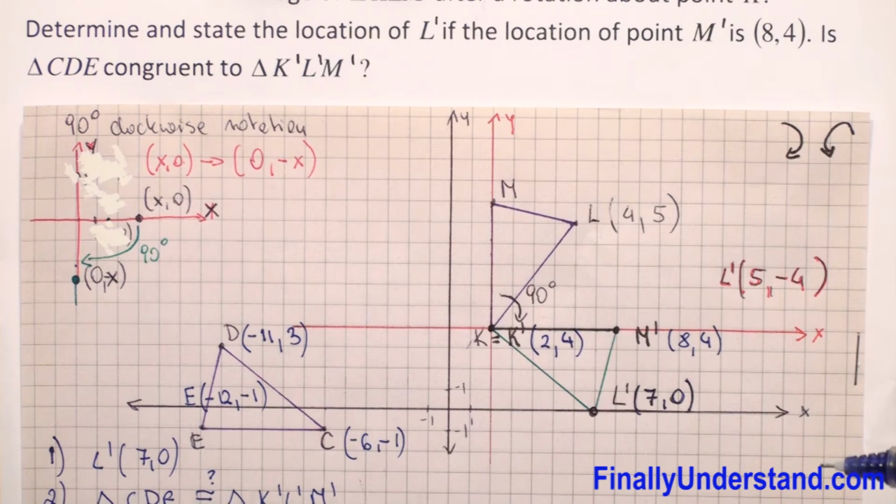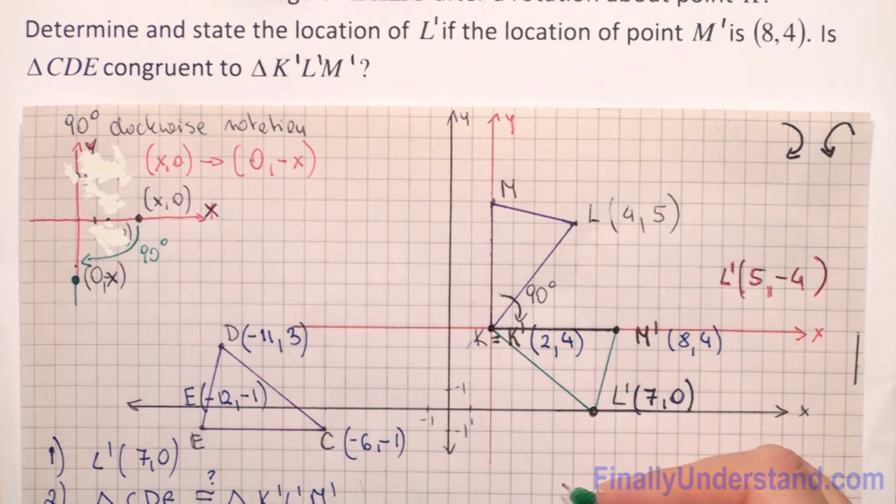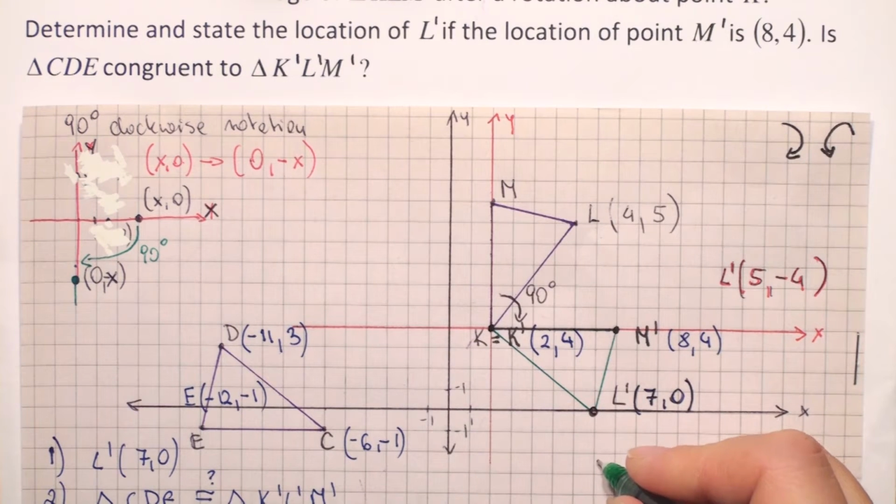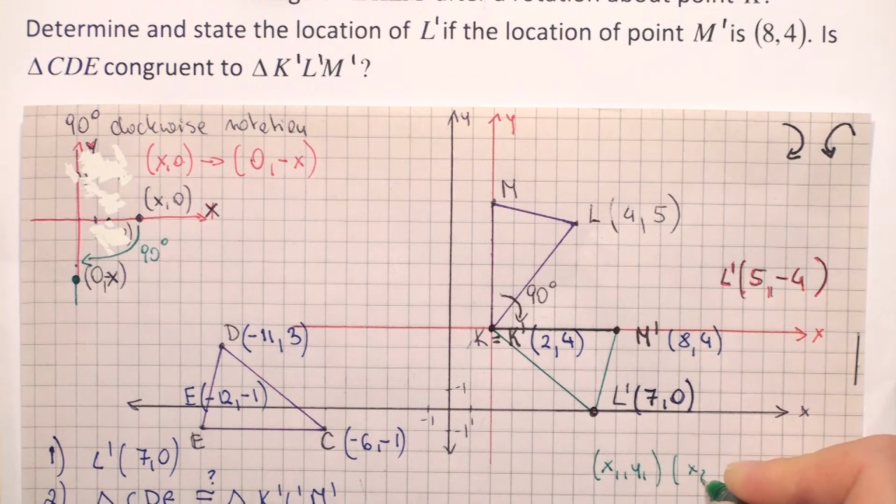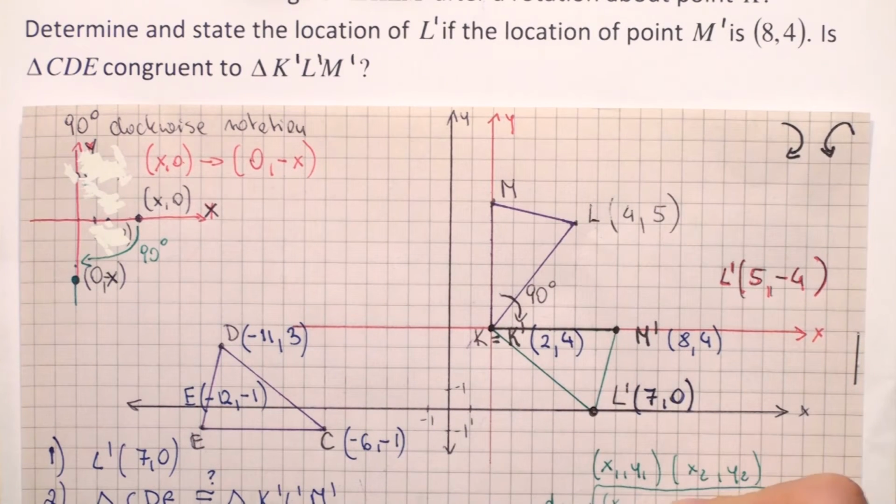So now we can find the distance between the points and we will have the sides of our triangles. We'll use the distance formula. When we have 2 given points, x1, y1 and x2, y2, the distance between these 2 points is D, we can write, square root of x2 minus x1 to the second power plus y2 minus y1 to the second power.